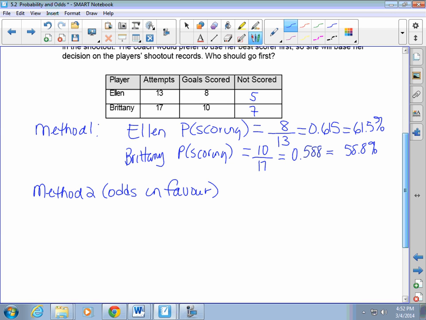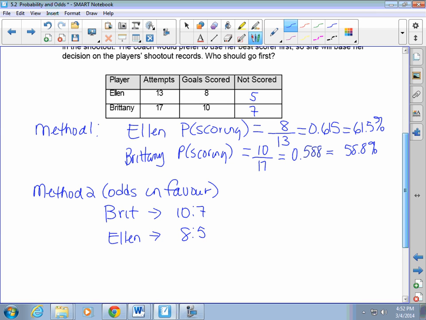So in this case, for Brittany, she would have a 10 to 7 ratio, for Ellen, she would have a 8 to 5 ratio.